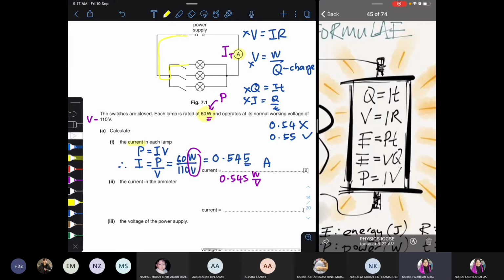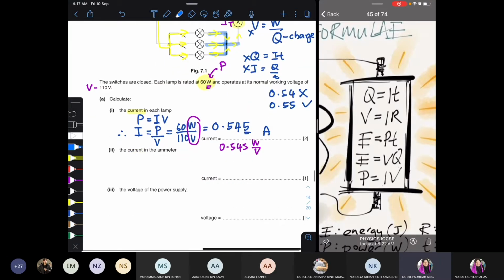Contohlah current flow kat sini, current flow kat sini. And then junction, we have 3 different junctions. And then when you enter the, you get out from the junction kan? Keluar daripada junction tu, you will combine all the current from the different junctions. Jadi perlu kira apa-apa tak kat sini? Tak perlu.